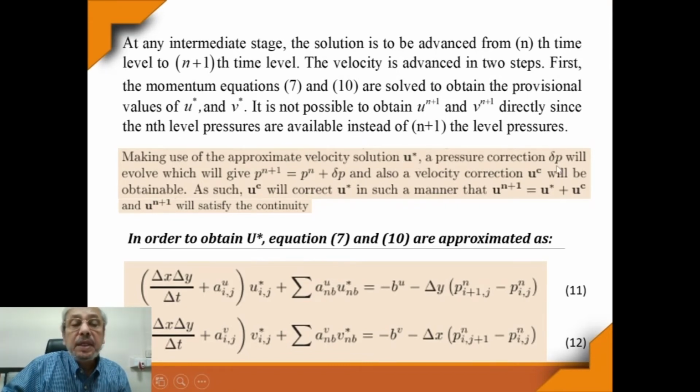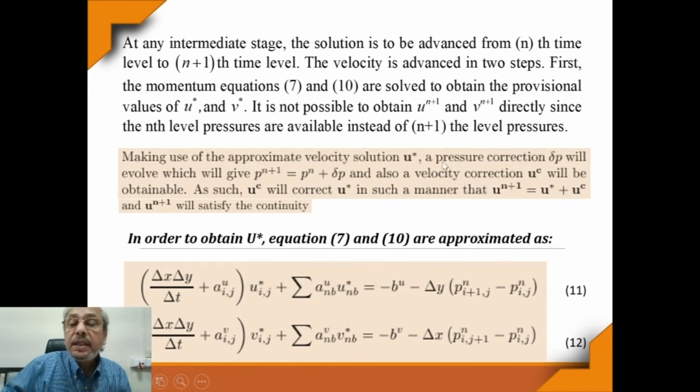A pressure correction delta P will evolve, which will give P n plus 1 equal to P n plus delta P. So if we can evolve delta P, we can know how delta P will be added to P to make it pressures at n plus 1th level. Then these u stars will also be corrected to u at n plus 1th level.